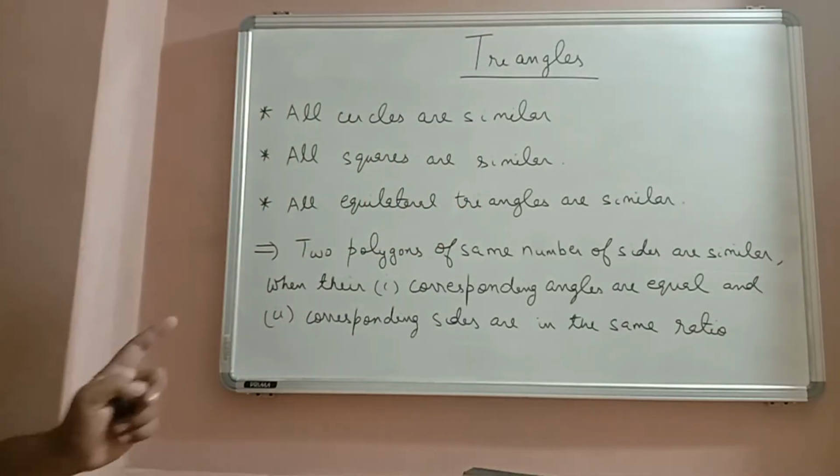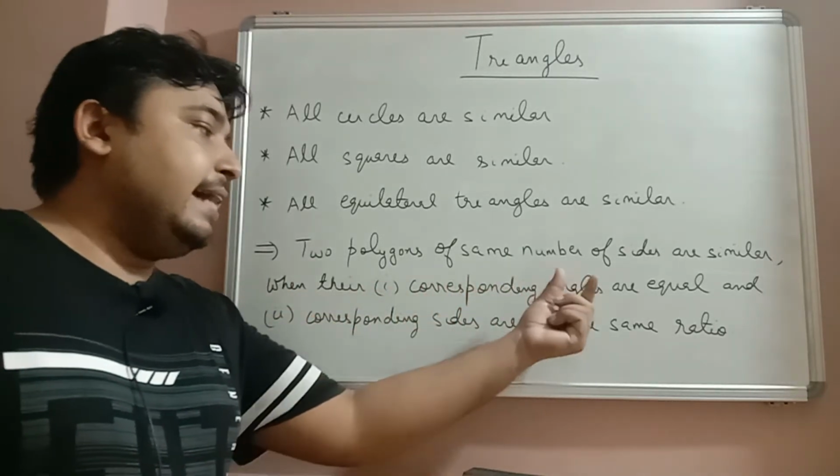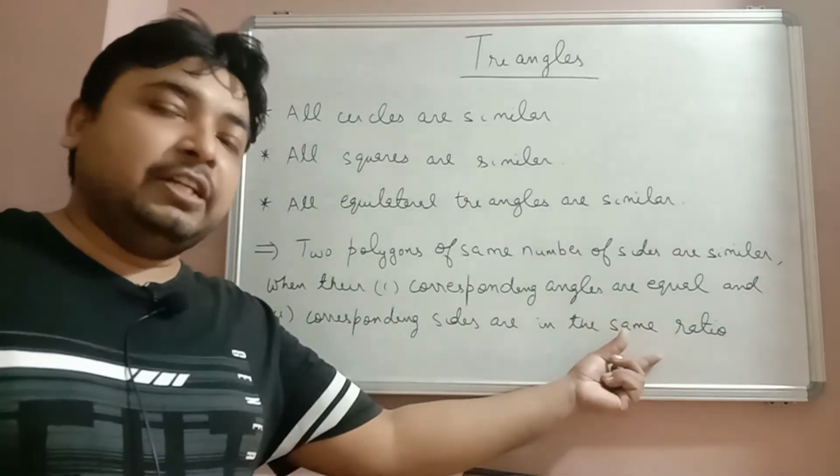So two polygons of the same number of sides are similar when their corresponding angles are equal and their corresponding sides are in the same ratio.